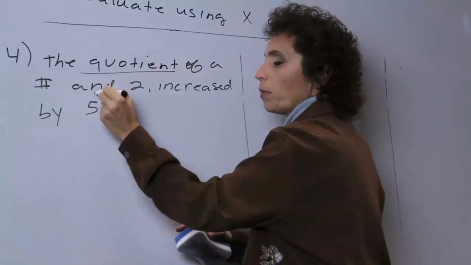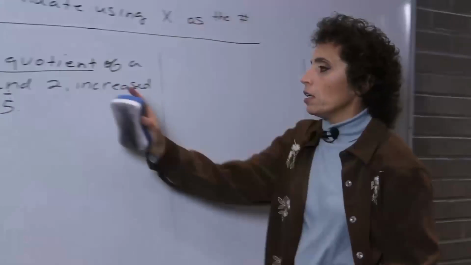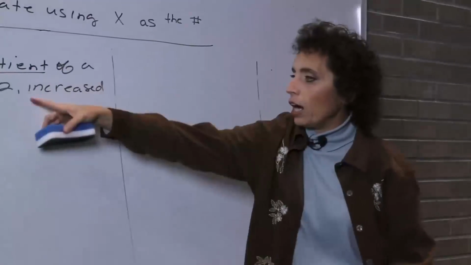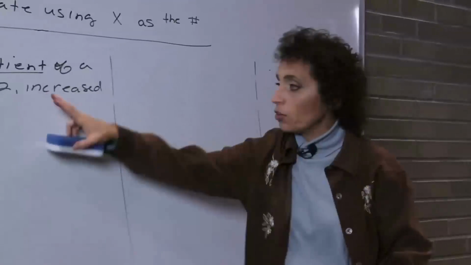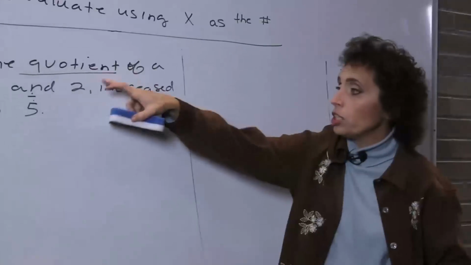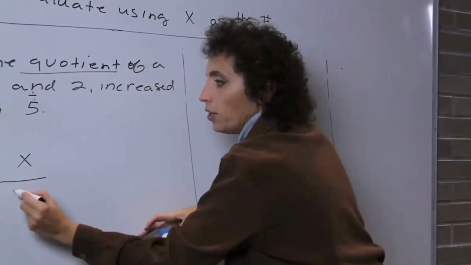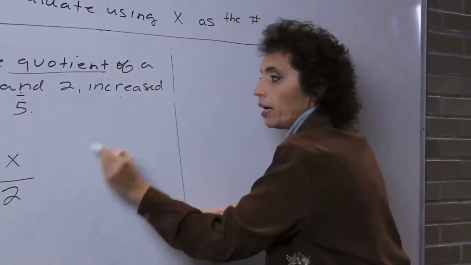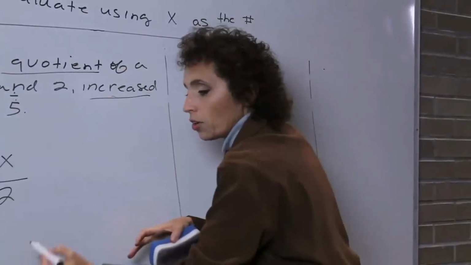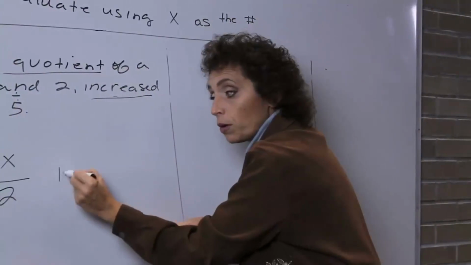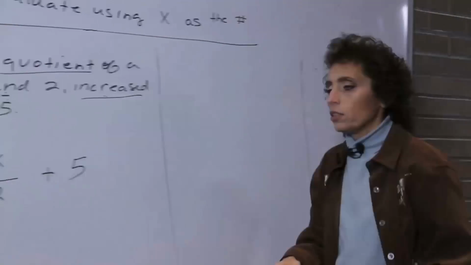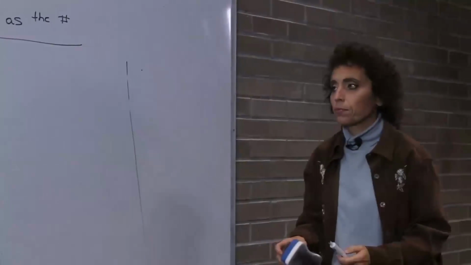The "and" tells me where my division symbol is going to be. And 2 increased by 5, there's the comma, so we're not going to look at that increased by 5 yet. We're going to look at the quotient of a number. The number is x, and "2 increased by" is our other key phrase, increased by means plus 5. So x over 2 plus 5.